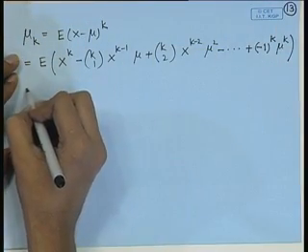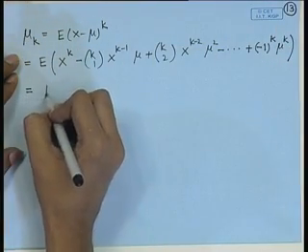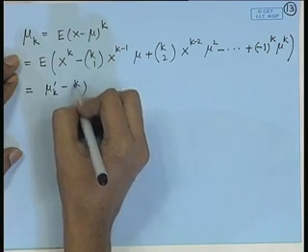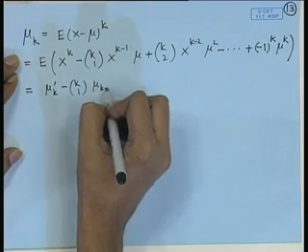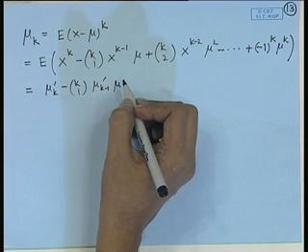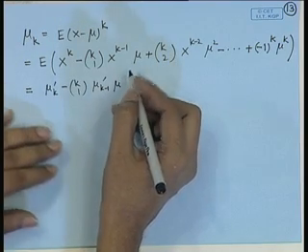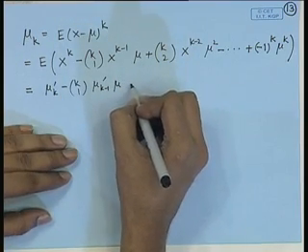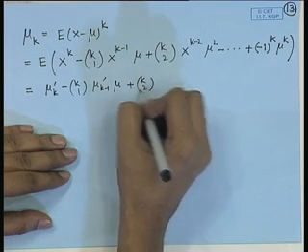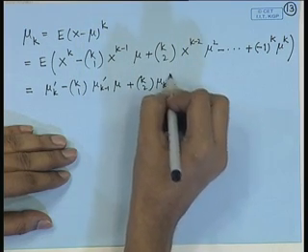So, if you look at this, it becomes mu k prime minus k c 1 mu k minus 1 prime into mu plus k c 2 mu k minus 2 prime mu square, and so on.